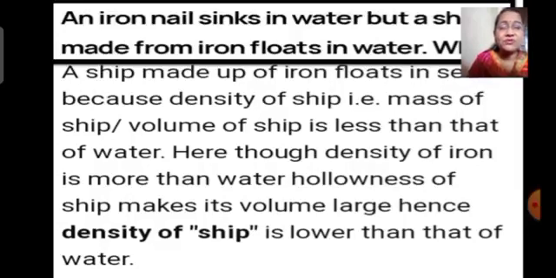Though the density of iron is more than water, hollowness of ship makes its volume larger. Hence, the density of ship is lower than that of the water. Children, here density is the reason that the iron nail sinks in the water, but the ship which is made from iron floats in water.